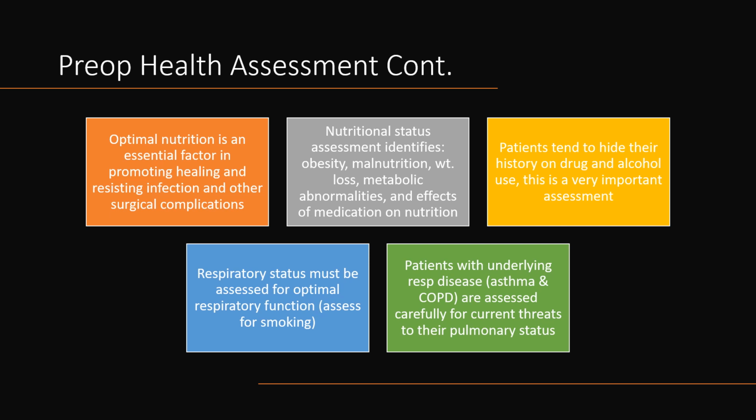Dehydration, hypovolemia, and electrolyte imbalances can also cause significant problems in the patient with comorbid medical conditions or in patients that are elderly. So the fluid status is important, the nutrition status is important, but another big factor, and patients oftentimes will try to hide this, is if they have a history of alcoholism or drugs.